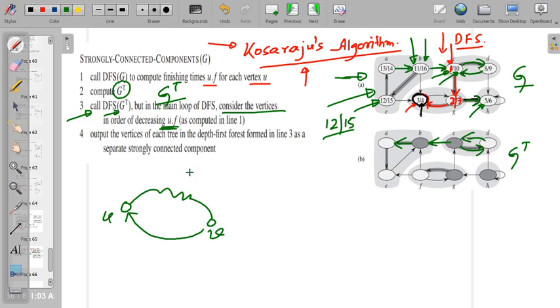So here two things are happening. Why are we doing G transpose? Because I want to check that if there is a path from U to V, whether there is also a path from V to U, which may not be direct. We should have a path from V to U or not.